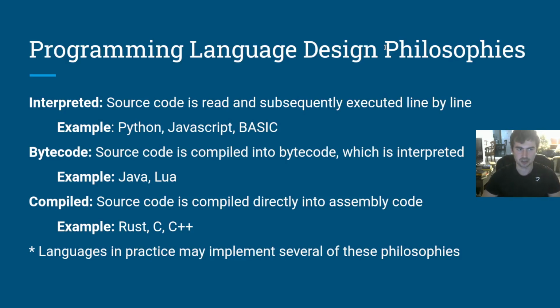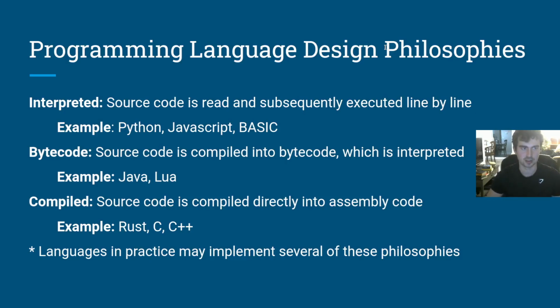In summary, one of the ways to categorize programming languages is this. You have your interpreted languages, where the source code is read line by line, and every line that the interpreter reads, it executes in real time. An example of this would be Python, JavaScript, or BASIC.